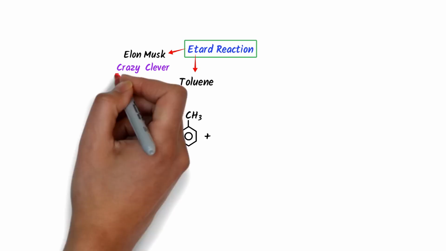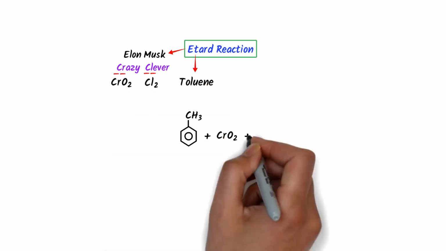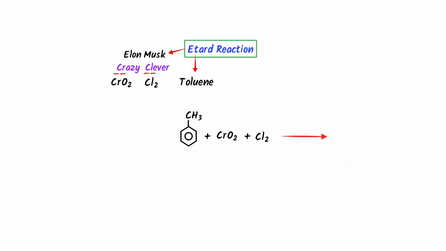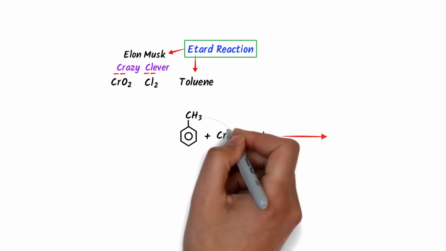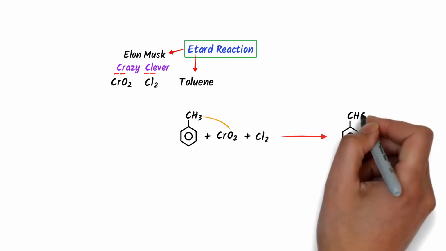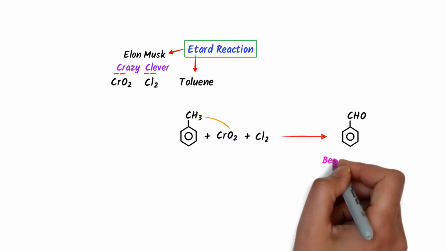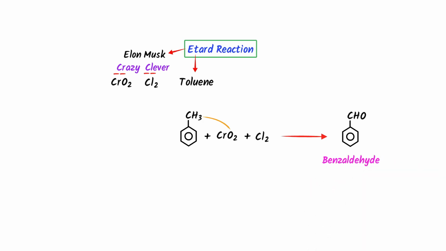This Cr in crazy stands for chromium oxide and this Cl in clever stands for chlorine. These are the reactants of this reaction. Now I replace these 3 by oxygen. I write CH plus benzene ring and I attach oxygen to it. I get benzaldehyde. So this is the Etard reaction.